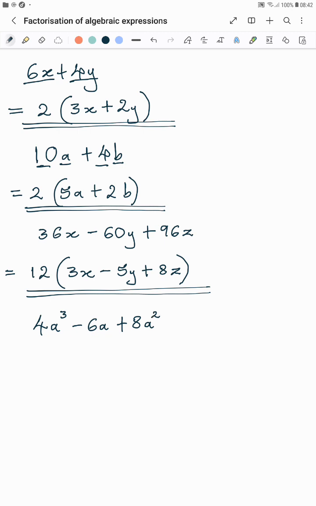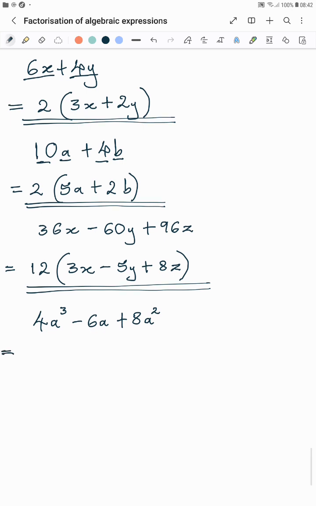In this case, you're going to realize it's a little bit different because all the terms are sharing the same letter, which is a. So they have a in common, and they also have a numerical factor in common. If we look at 4, 6 and 8, we'll notice that they are sharing a common factor of 2. And since we have got a to the power 3, a and a squared here, you're going to also take a out because that's the one with the lowest power, which means that is the common factor.